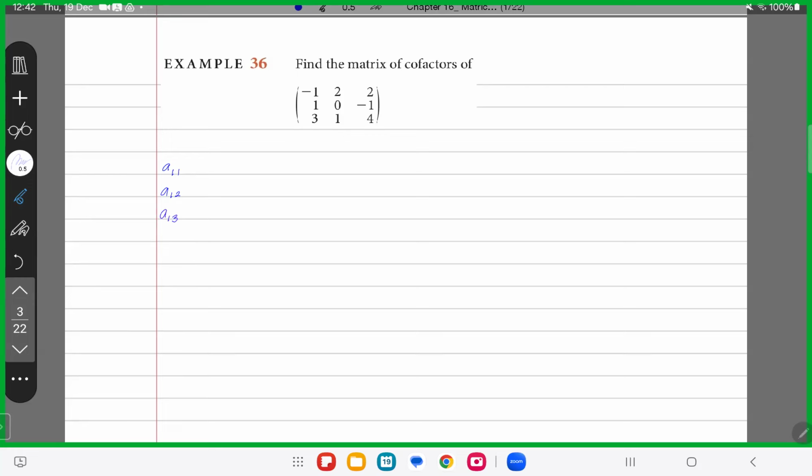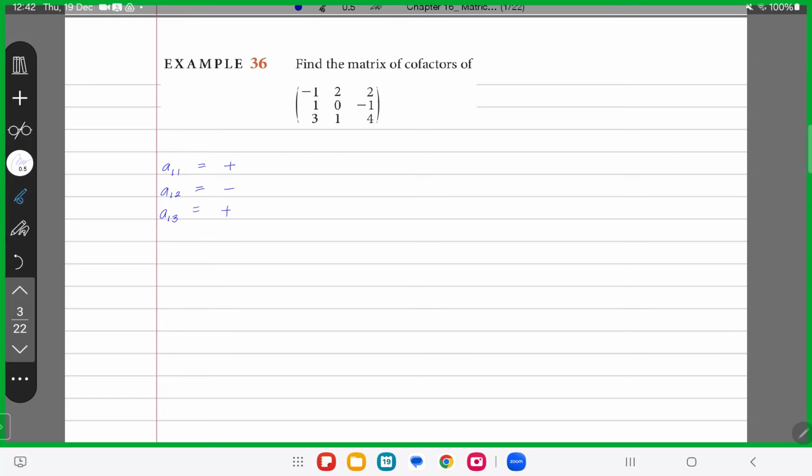So those are the elements of the first row. The sign conventions for the cofactor elements, for the cofactor matrix, for the first row is positive, negative, positive.